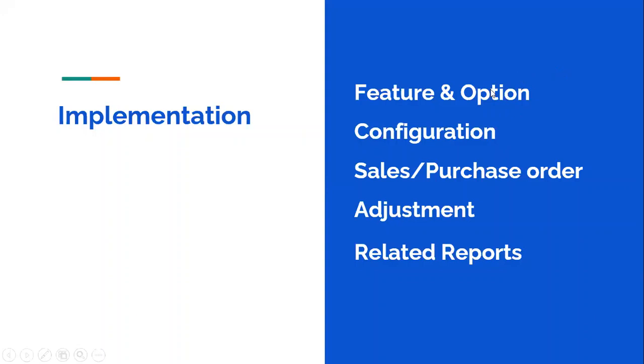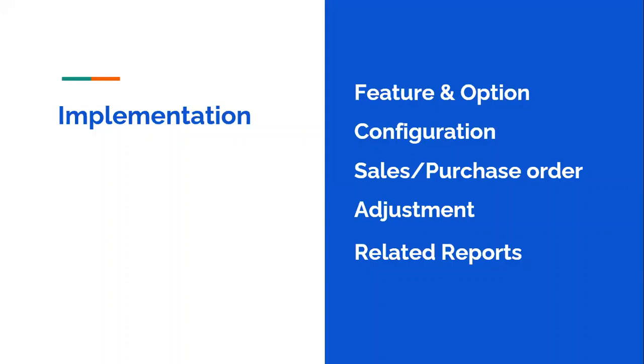Under configuration, you will get a button called features and options. Click that button, then you will get a button for inventory. Click inventory, and on the left side you will see the order processing option, which you need to enable from that position. So this is the implementation part, and this is the first step you need to do.